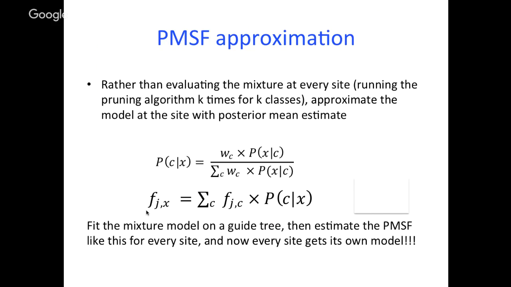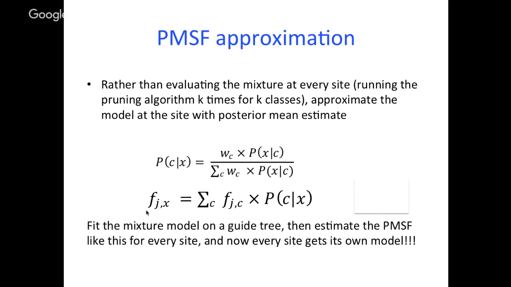So what are the models that you start with in this? You can start with anything. We generally use the C20 or C60 mixture that Le Gascuel and Lartillot came up with, so anywhere from 20 classes to 60 classes that they estimated from a database a number of years ago.